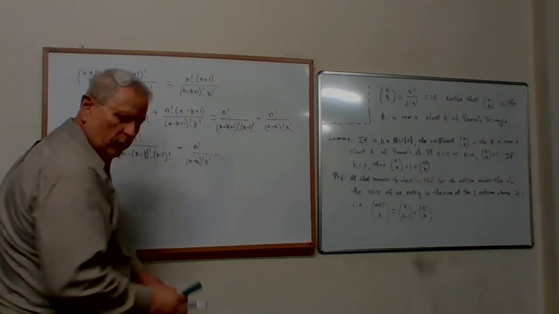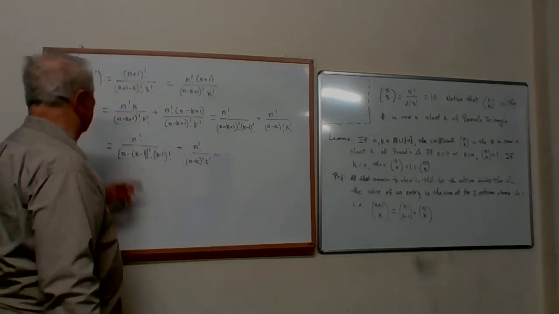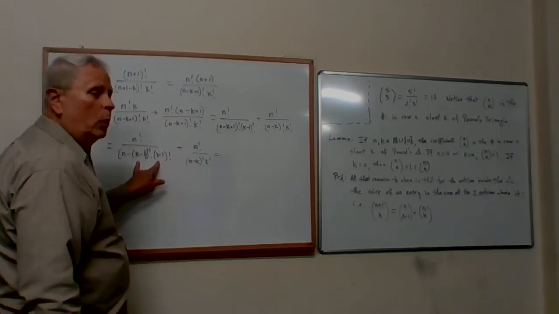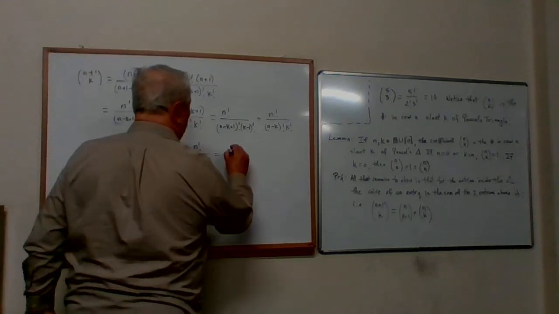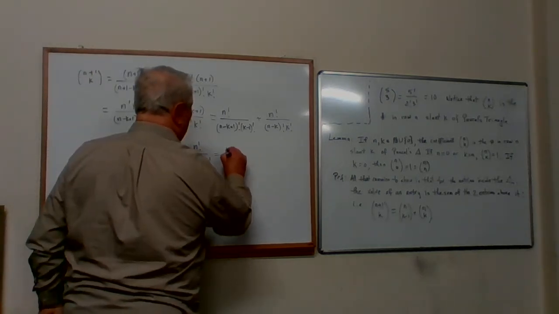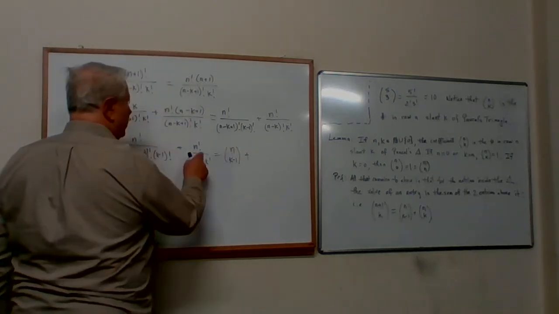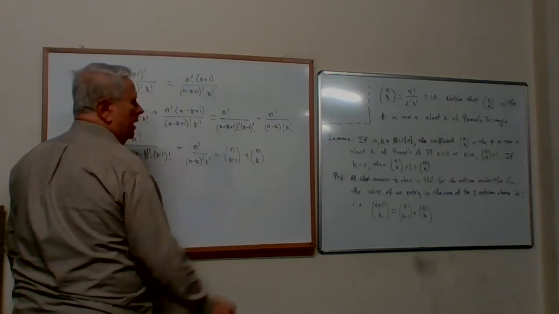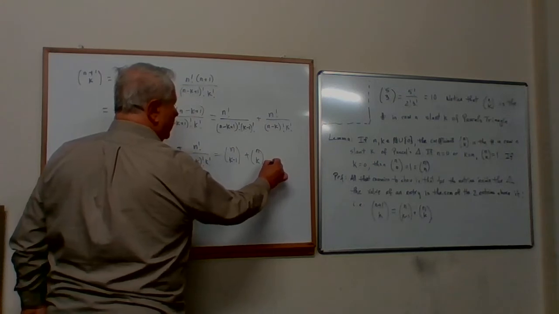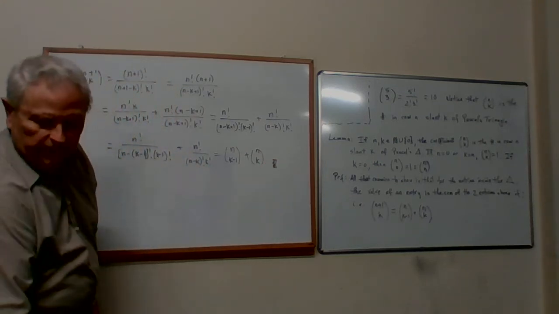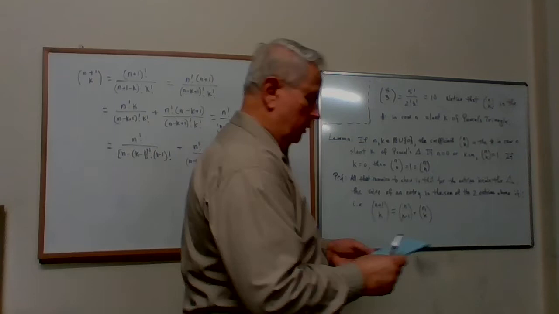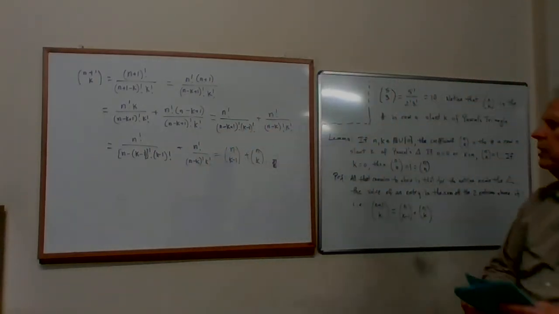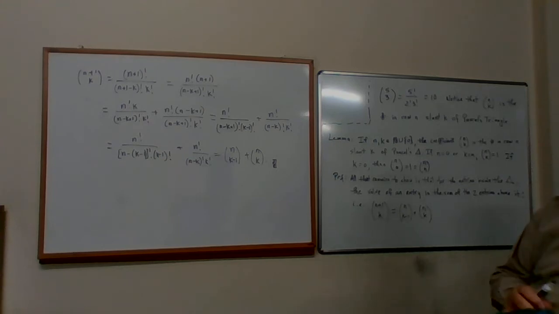And what does that equal to? Well, this is n choose k minus 1. And this is n choose k, and that is the end of the proof. Okay? So much for that lemma. Interesting lemma. I call it the Pascal's triangle lemma.